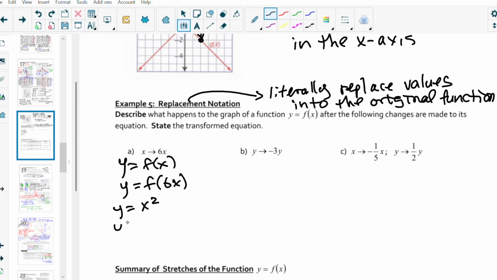So an example would be, hang on, folks. So f of x equals x squared. What's f of 6x? Well, that's 6x squared, and that's 36x squared.